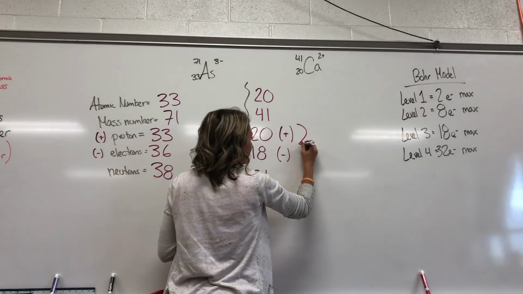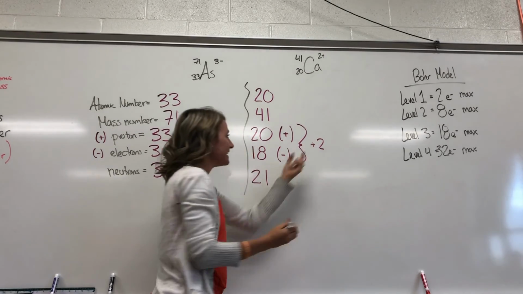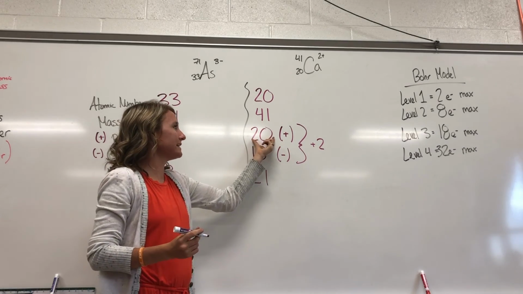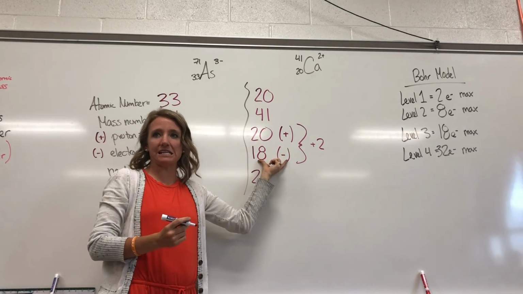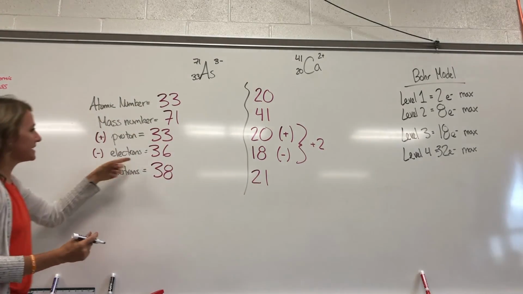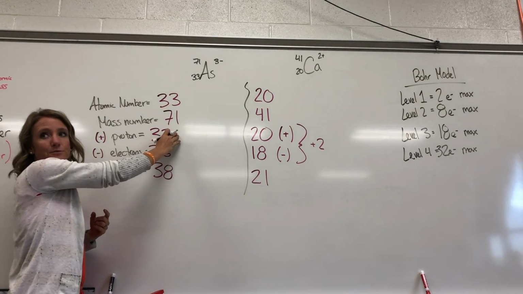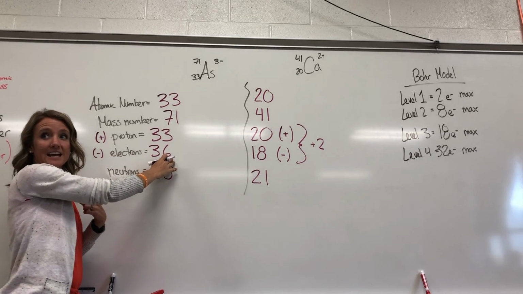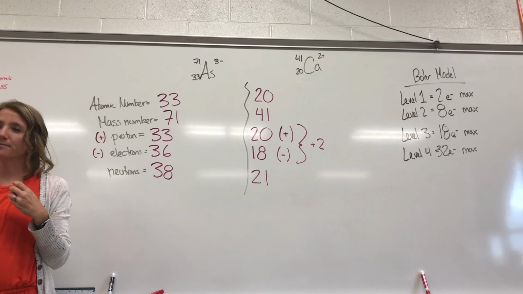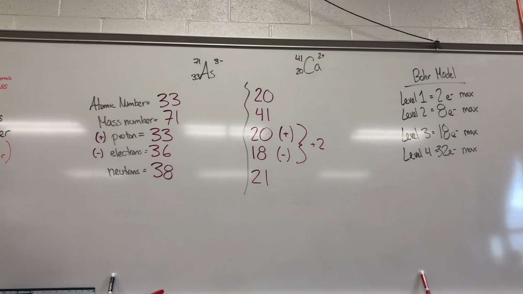So together, they have to equal +2. So 20 plus -18 gives me the +2. Does that make sense? Same thing on this side, 33 plus -36 would give me the -3. So, no, good clarification. Any other questions?